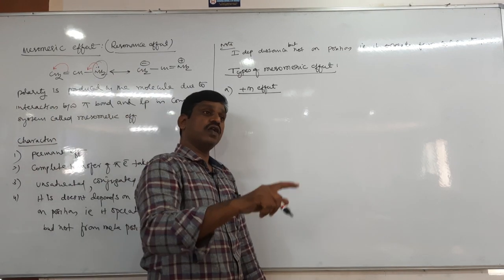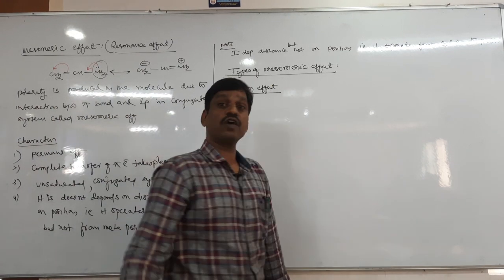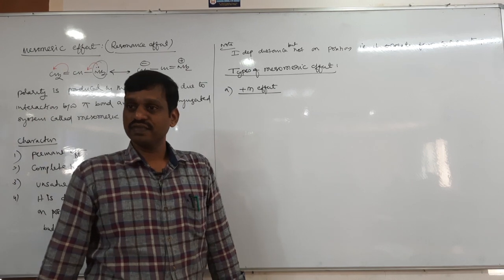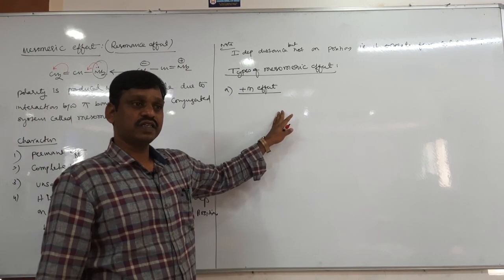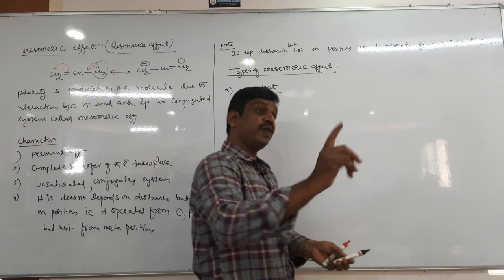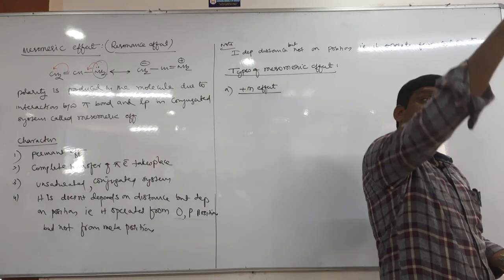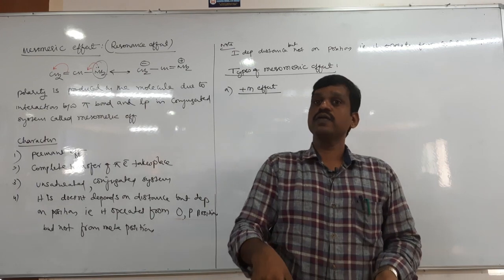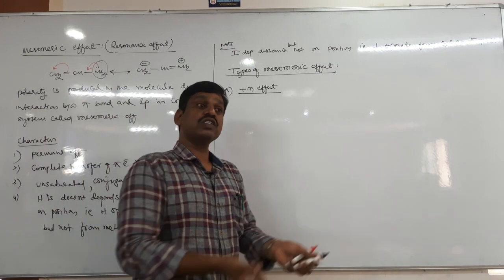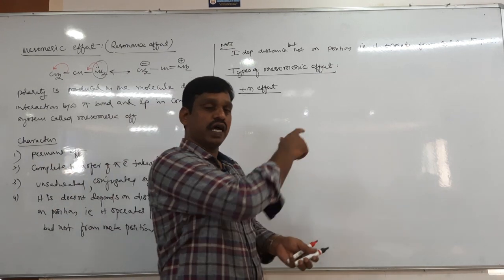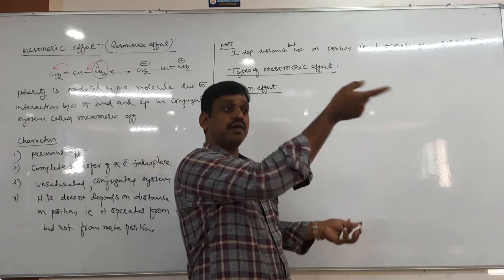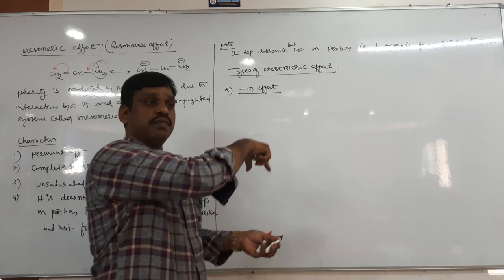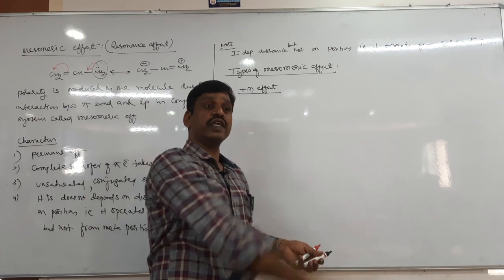Displacement of pi electron away from the substituent in a conjugated system is a plus M. Then what is the minus M? Displacement of pi electron towards the substituent is a minus M, just like minus I, here is minus M, but the condition is in conjugated system.